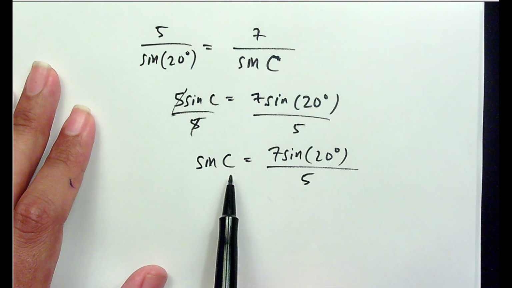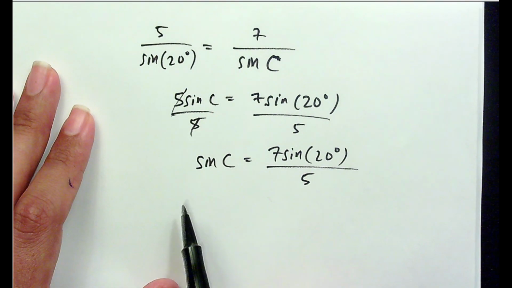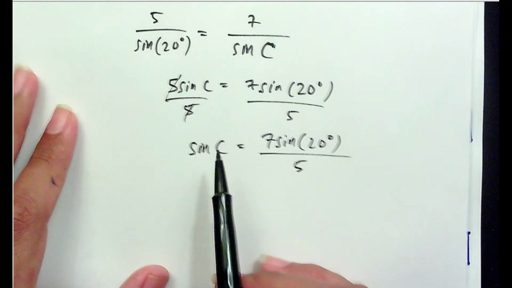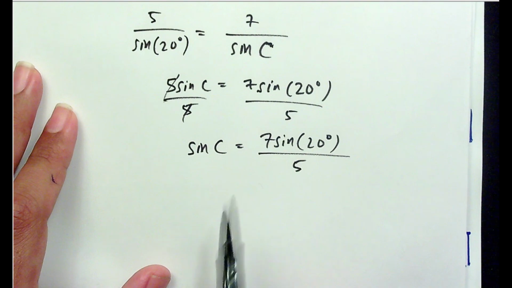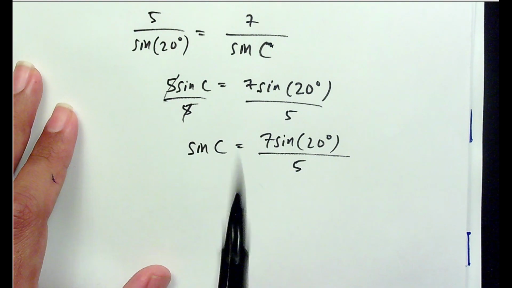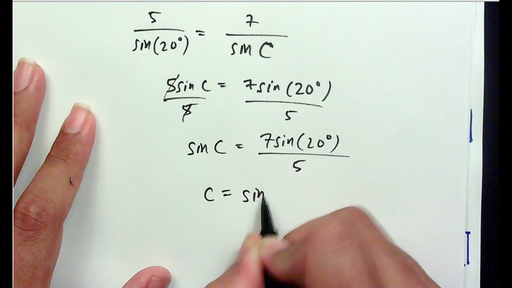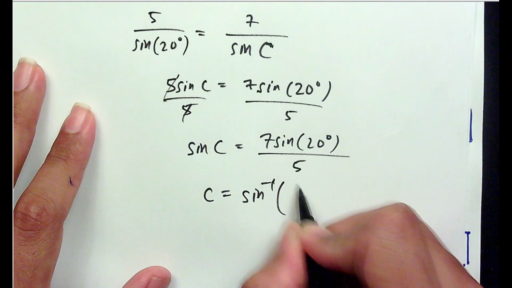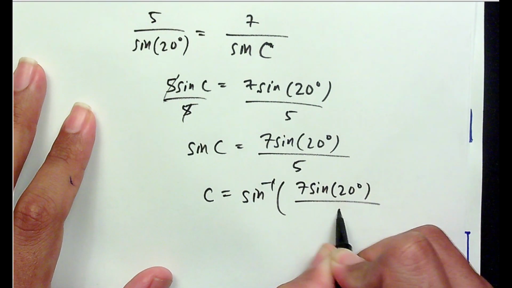Well, c is inside sine, and you need to get it out of there. So you need to find a way of canceling the sine, and the way to cancel the sine is to hit this equation on both sides with sine inverse. You don't divide, you hit it with sine inverse. So that means c would be sine inverse of 7 sine of 20, all that over 5.